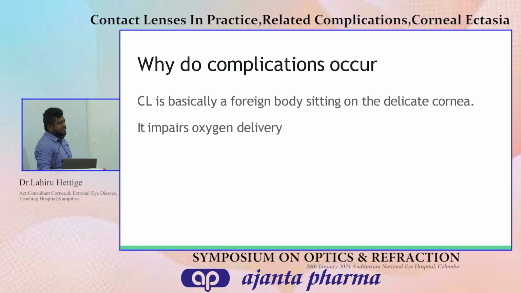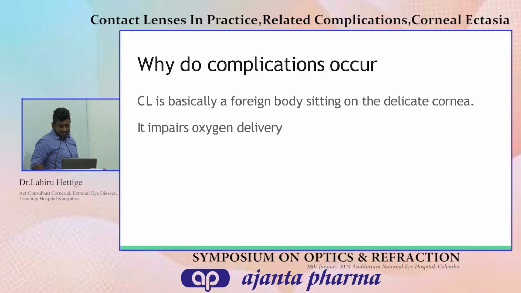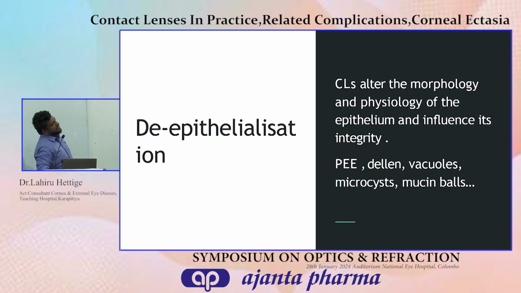So it induces all the foreign body reactions, and it interferes with your tear film distribution, and it impairs corneal oxygen delivery. Because of all these problems, you tend to get complications. So complications happen at different levels. You could get conjunctival complications, epithelial complications, stromal complications, like that.